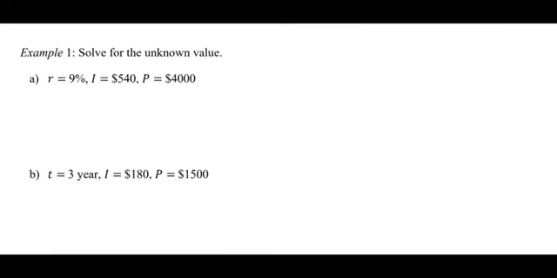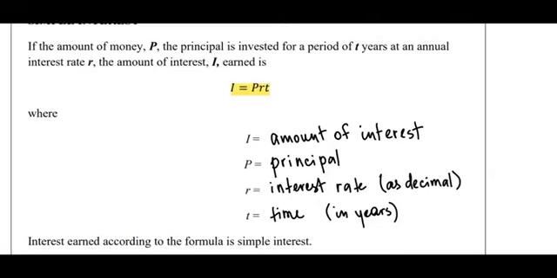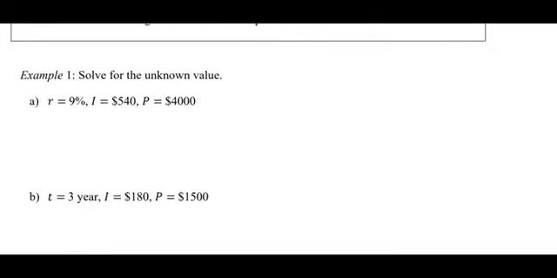So in the first one, we are asked to solve for the unknown value. So this will get us used to the formula and solving for the missing parts of the formula. So just a reminder, the interest formula is I equals P times R times T. Okay.